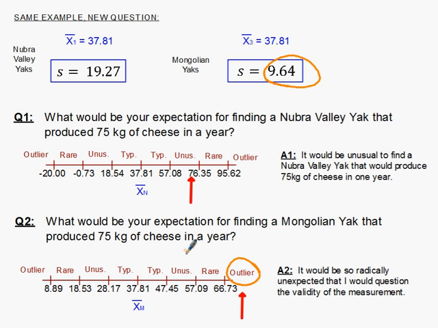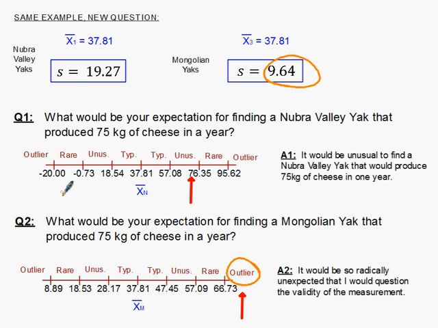So it would be so radically unexpected to get 75 that I would question the validity of the measurement. Now, questioning the validity of the measurement does not mean rejecting it. It means I need to investigate it and say, did someone go out and mismeasure? Was there miscommunication? Was there a typo as they entered the data into the computer? Anything could happen to produce such a bizarre outcome or data measurement.